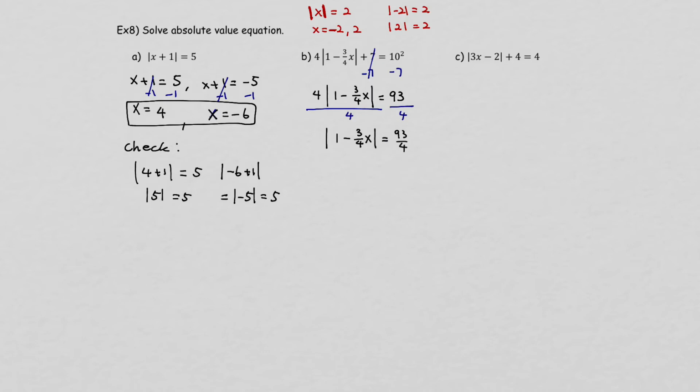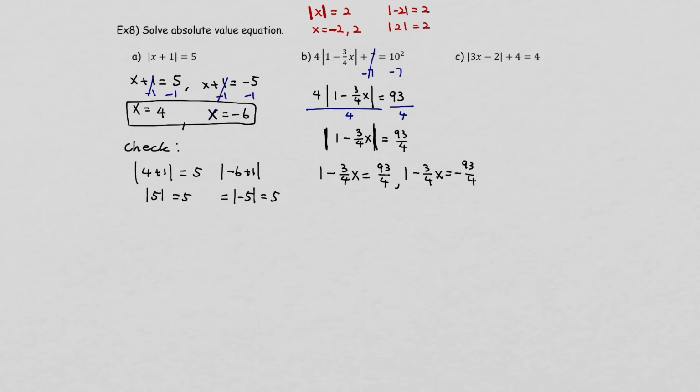And then we can get rid of the absolute value now because it's isolated, only one side with absolute value. So inside of that absolute value, which is 1 minus 3 over 4x, should be equal to 93 over 4, or 1 minus 3 over 4x should be equal to negative 93 over 4.